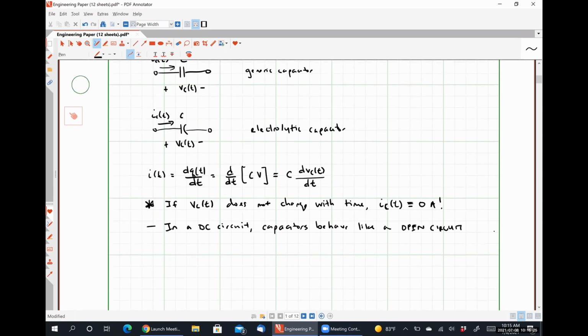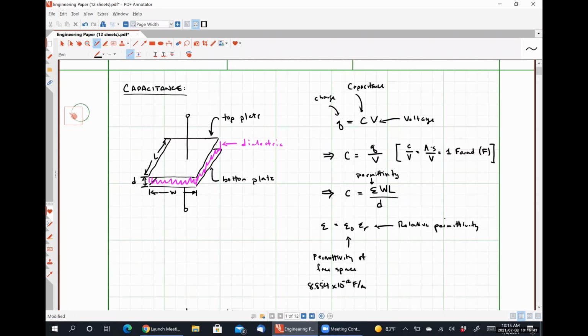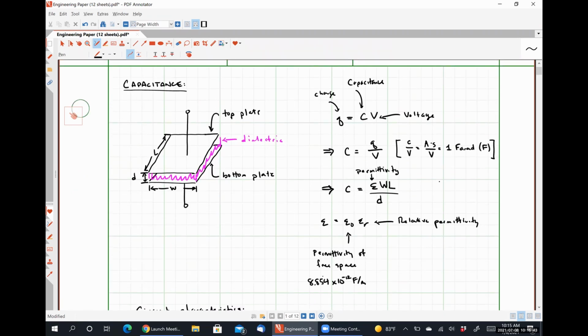All right. So a question that I've been asked before, and it was, in my opinion, a pretty good question: I'm going to scroll back up and we're going to look at this picture, right? When I apply a voltage across this capacitor, charge starts to accumulate on the top plate.